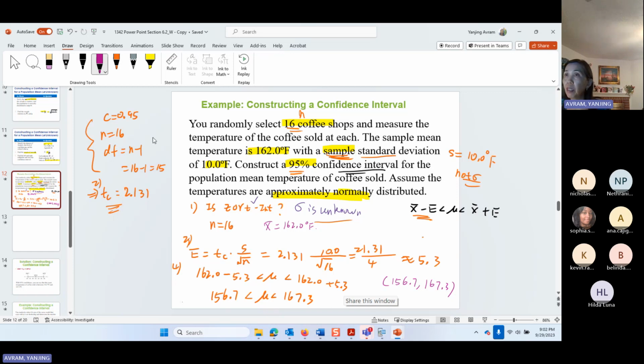And then sometimes it might just ask you to find the margin of error for this one. So it's not always testing you on the entire interval. This question I can break down into 3 different smaller questions, right? One question will be just to find the critical value. Another question will be just to find the margin of error E, okay? And then of course, one question you can ask for the entire interval.